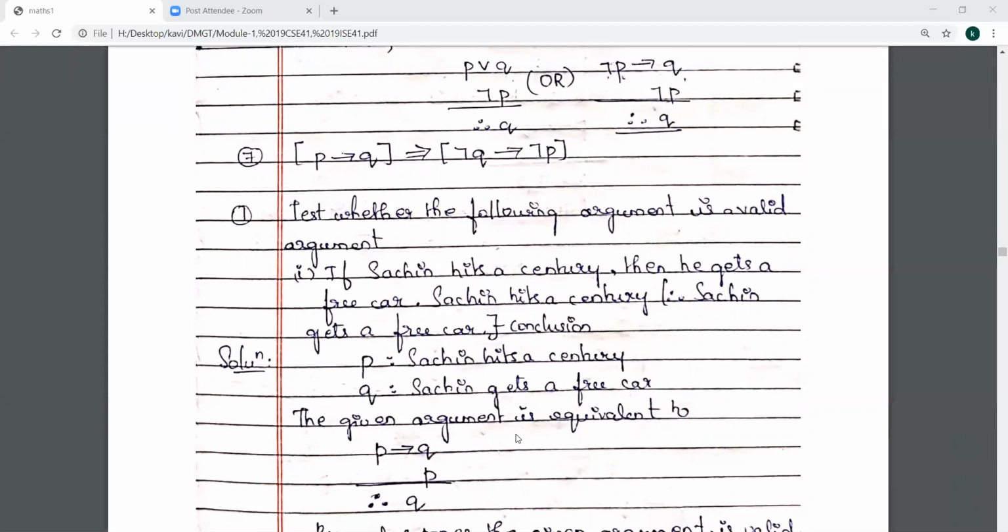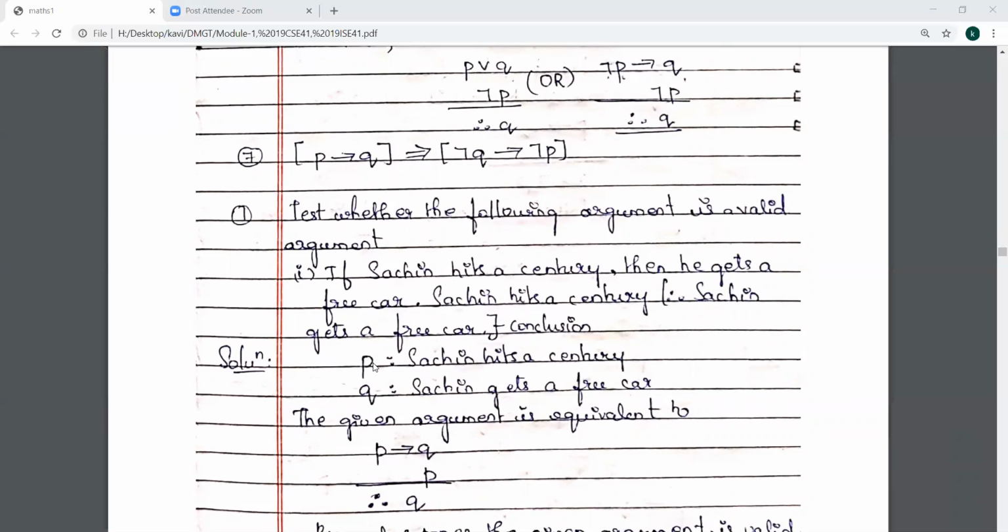So how to write in the symbolic form? The first sentence, if Sachin hits a century, then he gets a free car. So here implication if is used. Sachin hits a century is P. So P implies he gets a free car, so P implies Q. First sentence symbolic form is P implies Q. Second sentence is Sachin hits a century.